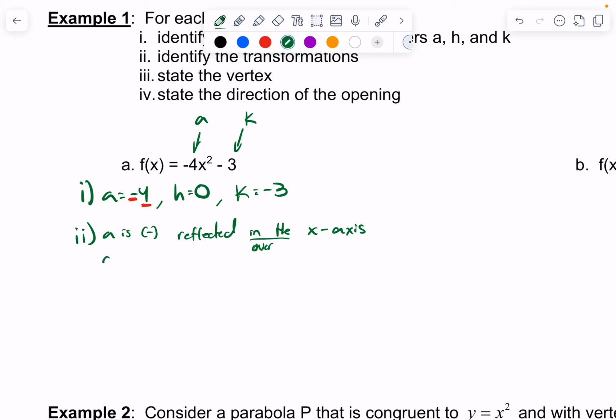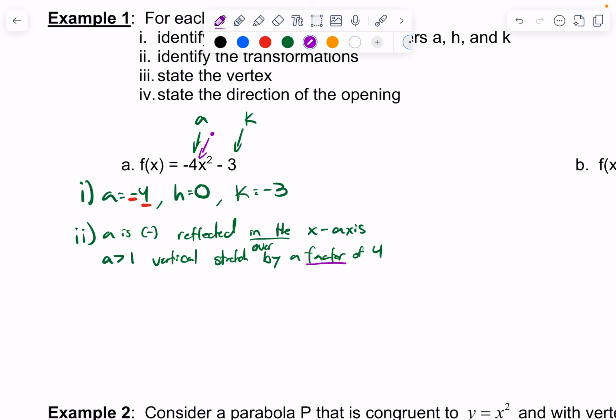And then a is greater than 1, so it is a vertical stretch by a factor of 4. And notice the word factor. I'm not saying unit. Factor means it's a multiple, because this is being multiplied right here.